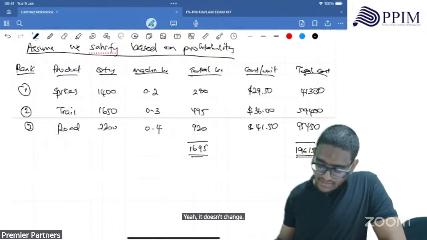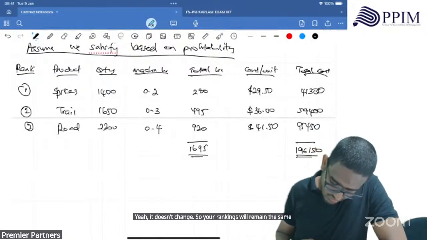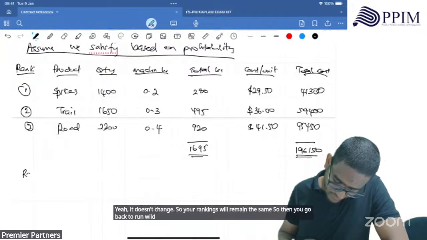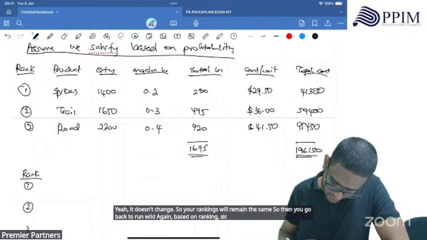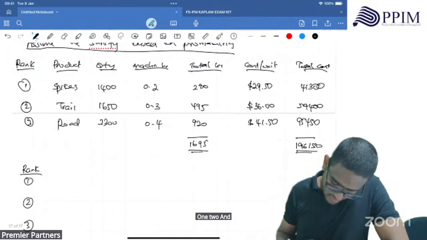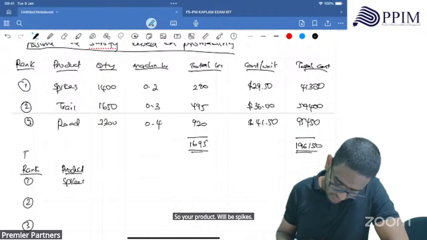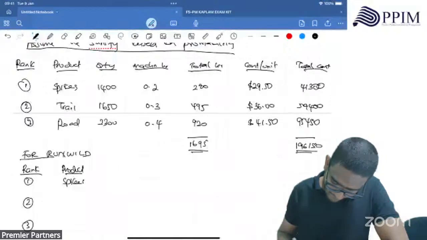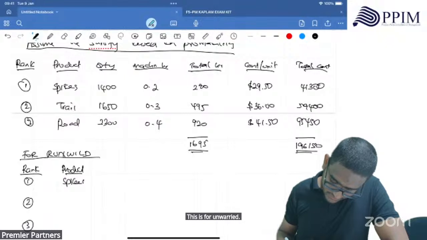So your rankings will remain the same. So then you go back to Runwild, again based on rankings, 1, 2, and 3. So your product will be spikes, trail, and road. This is for Runwild.